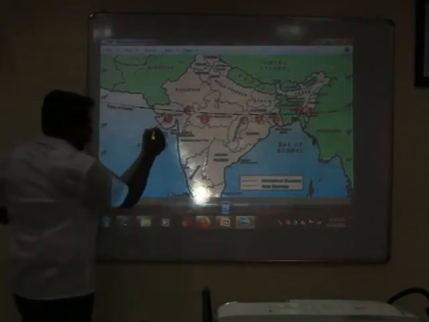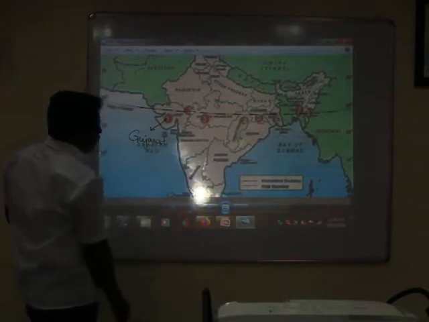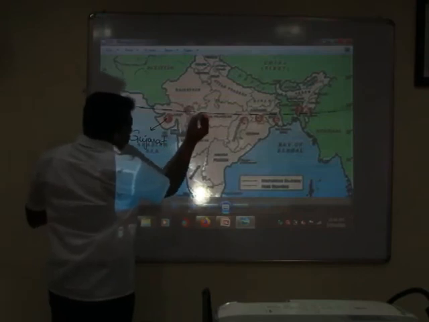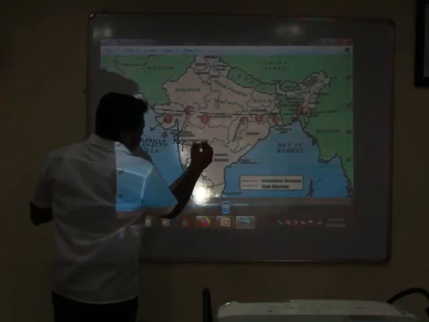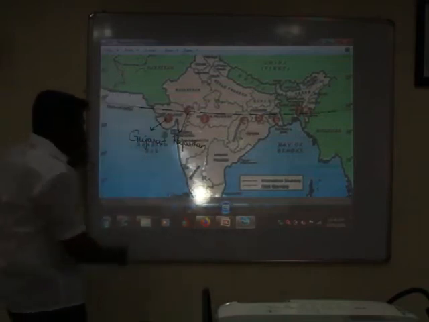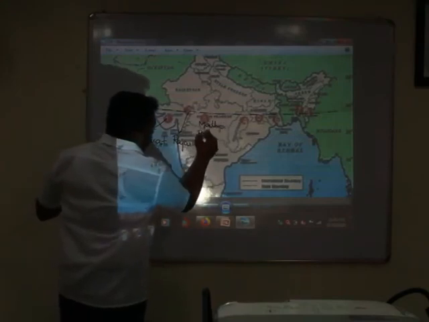Gujarat. It passes through Gujarat. Apart from Gujarat, the southern parts of Rajasthan, this Tropic of Cancer passes through. Then the third state, if you ask me what is the third state, it is Madhya Pradesh.